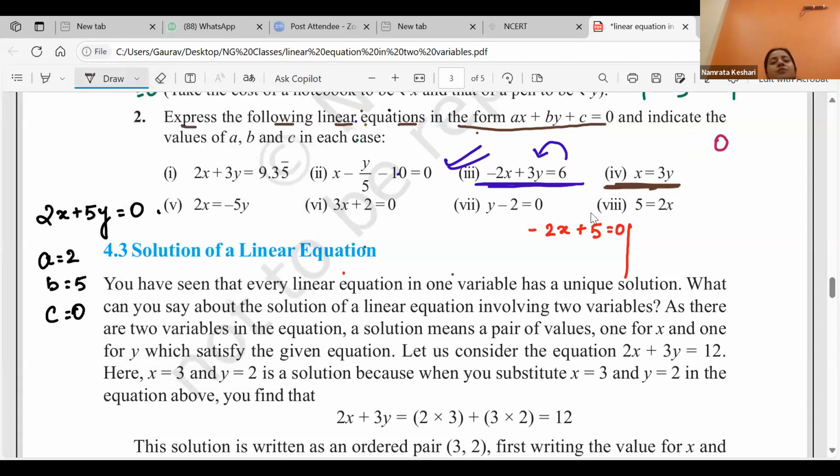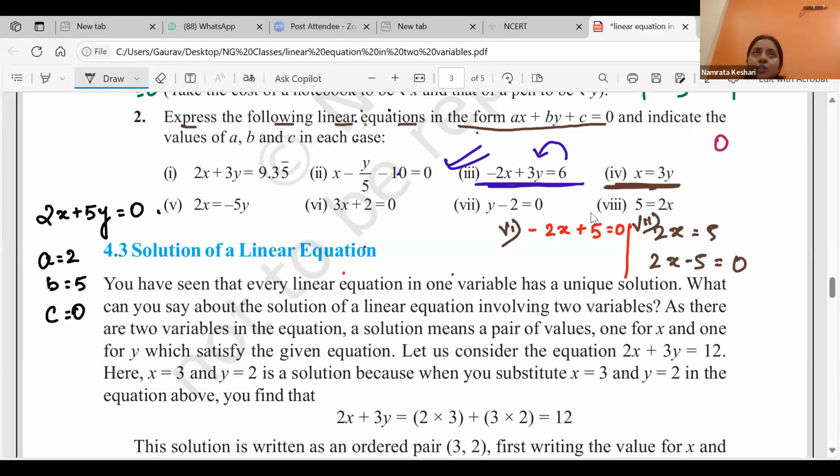You can write 5 equals 2x, or 2x equals 5, which is the same thing. And then you can bring 5 to this side, equals 0. Now it became exactly like question number 7. So either you do like this or like this, your wish.